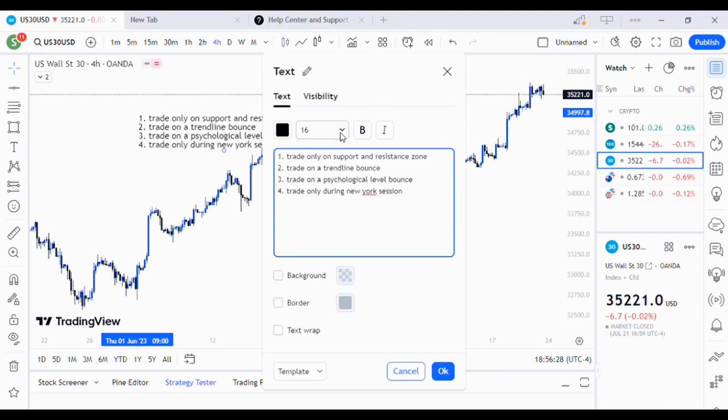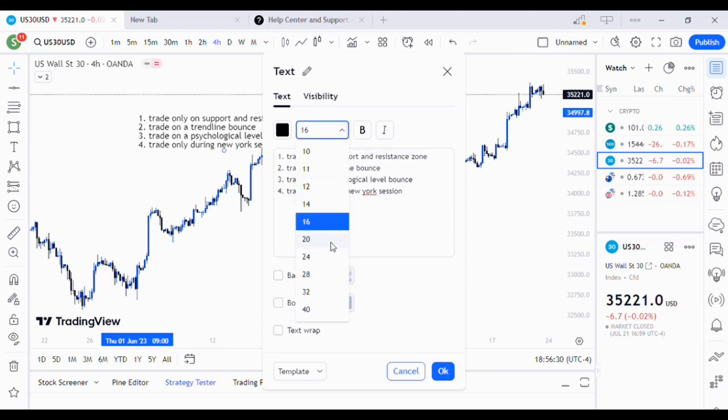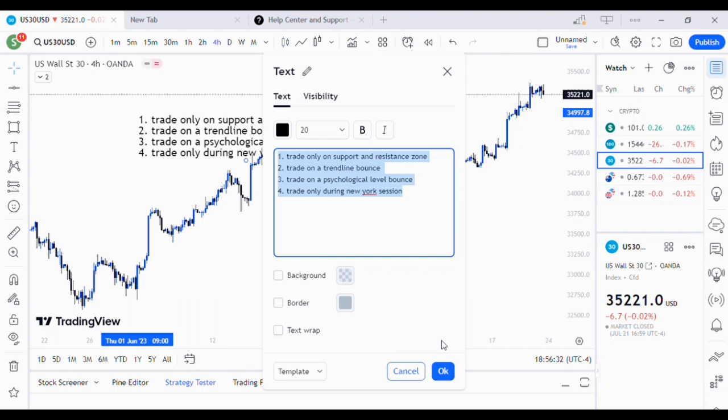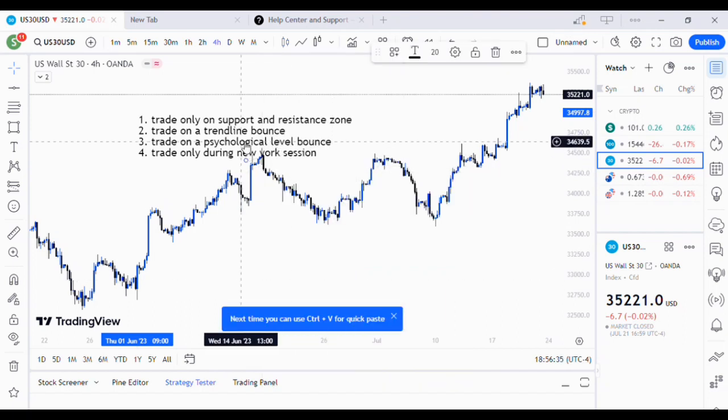So this is the full trading plan I want you to just type or write down on your jotter. It's going to help you.